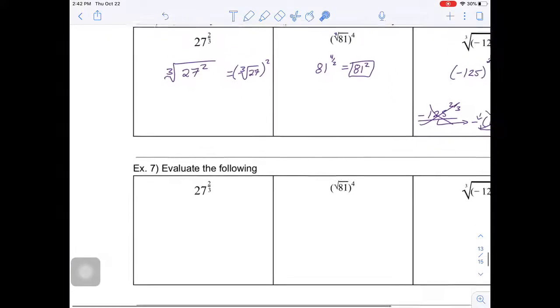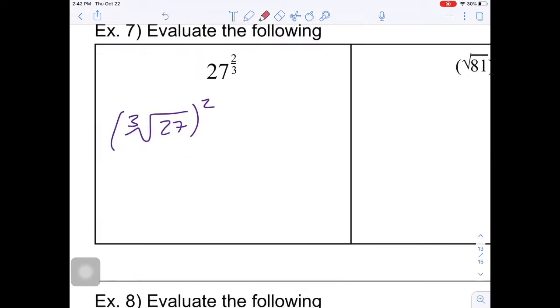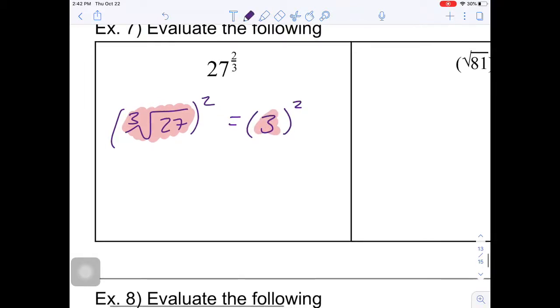So there's kind of a clear way to solve these. Right here, I'm not sure how to solve it like this, but writing it like this makes it way easier. So the cube root of 27 squared. I can determine what this is. The cube root of 27, I know is 3. Okay, so the cube root of 27 is 3 because I know 3 cubed equals 27.